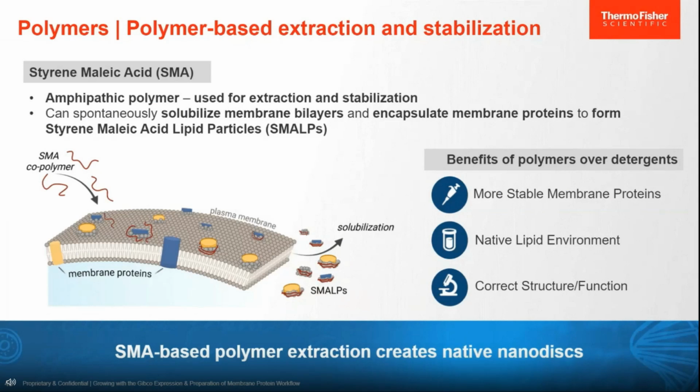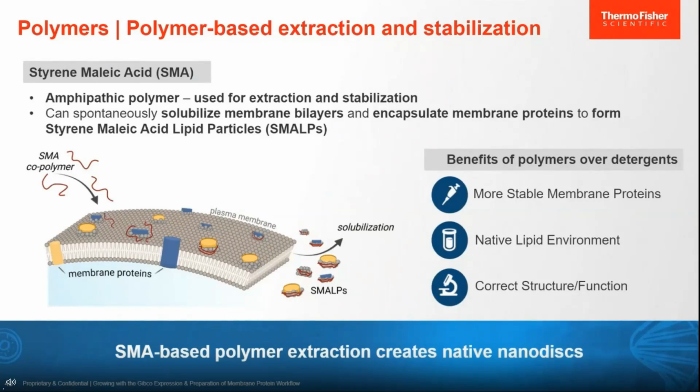Before we conclude this section, let's talk specifically about styrene maleic acid polymers. Styrene maleic acid is an amphipathic polymer used for extraction and stabilization. It can spontaneously solubilize membrane bilayers and encapsulate membrane proteins and form what we like to call SMALPs, or styrene maleic acid lipid particles.